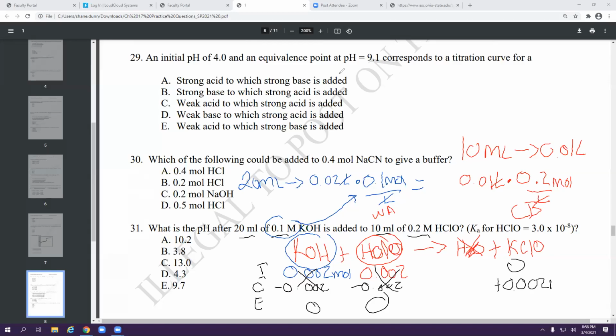Over here I have plus 0.002 moles. First off, I have moles. Is that useful for anything so far in Chem 115? Is moles useful for anything besides this one niche topic? No, we're going to change the volume. So we're going to divide by the total volume, 0.03 liters.